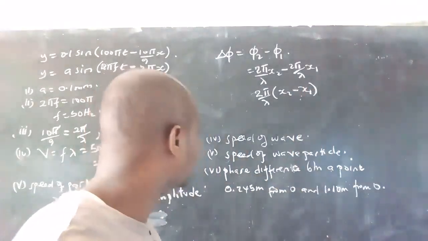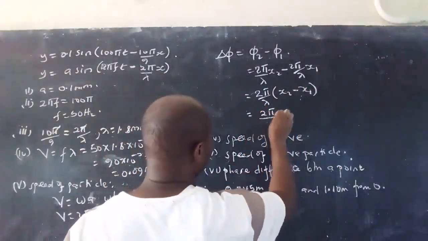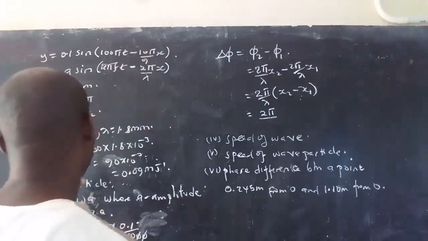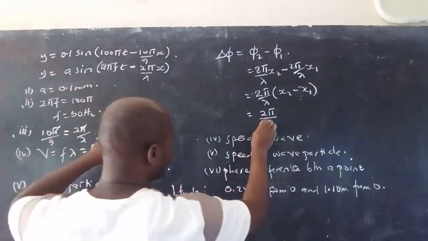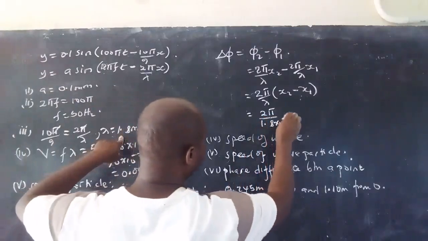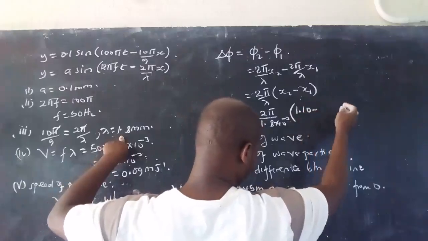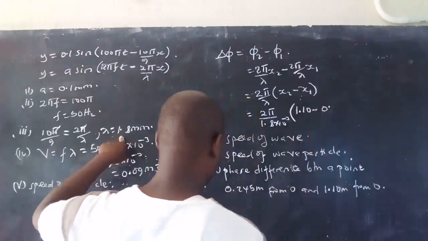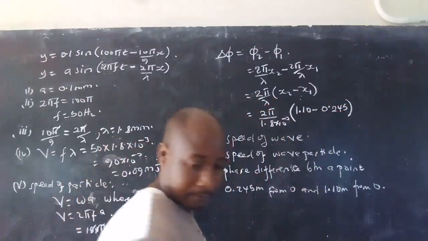So we can substitute. We shall now have 2 pi divided by lambda. So remember our lambda is what? Our lambda is 1.8 multiplied by negative 3, into this is 1.10 minus 0.245.